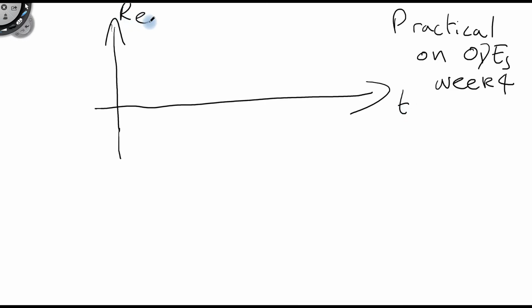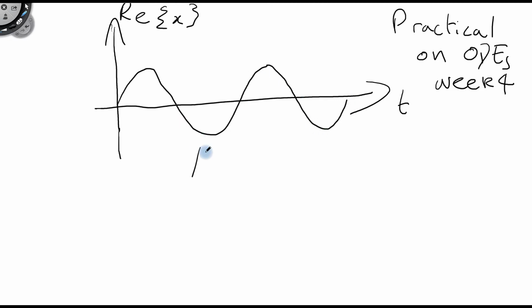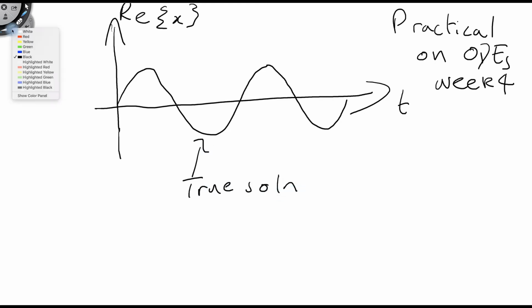If we have the real part of our solution x, this solid line is the true solution. Now if I change color, I try not to do this too much, the numerical solution, if it's unstable, is going to grow out of bounds.